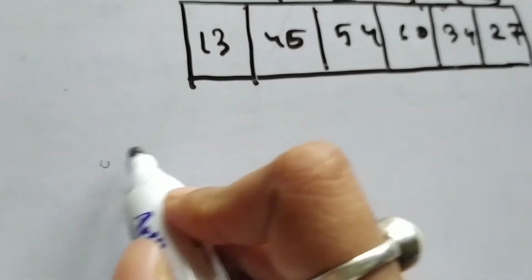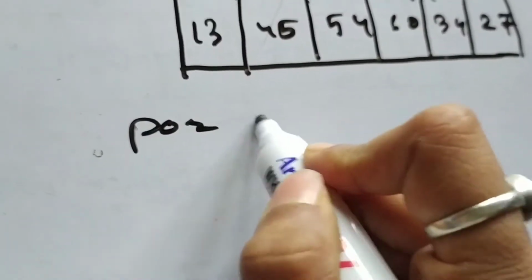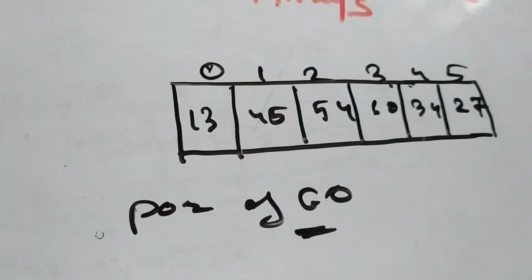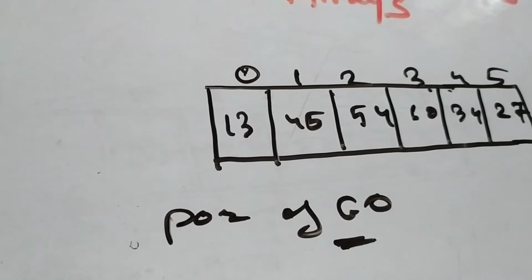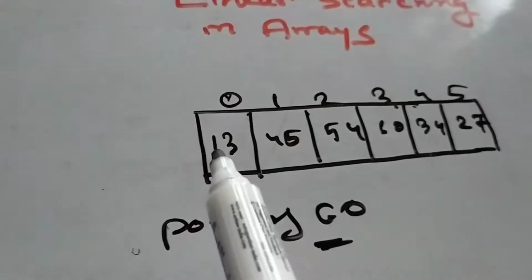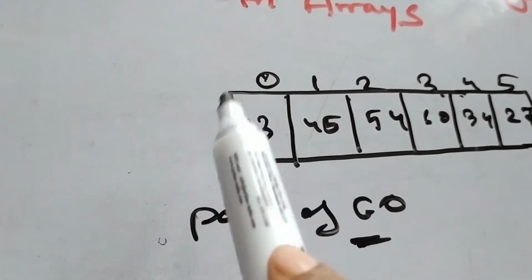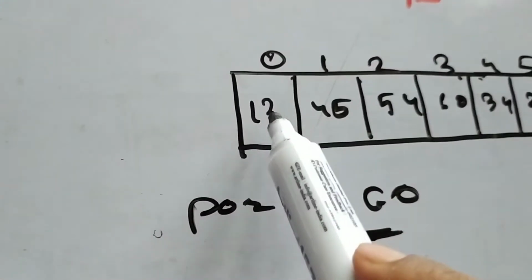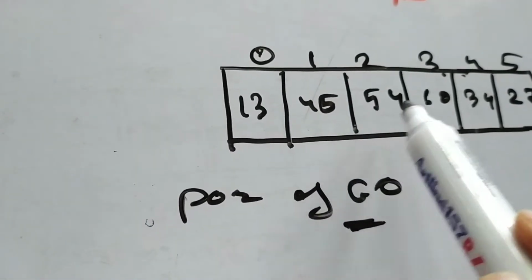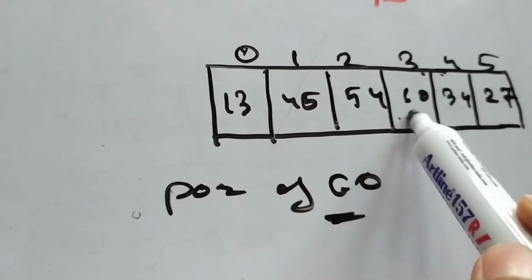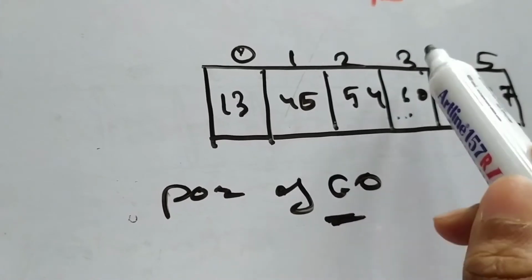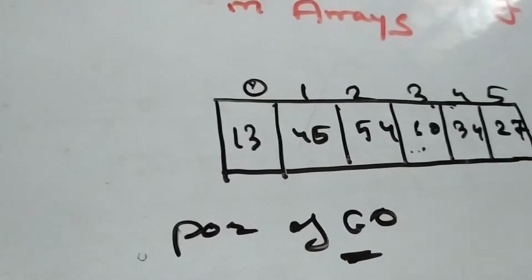If I am asked the position of 60, in case of linear searching, the search goes sequentially. That means it follows the sequence. The search will go as follows: it will check the first number 13, then 45, then 54, then 60, and if the value assigned matches the value in the array, then it will give out the result as 3.